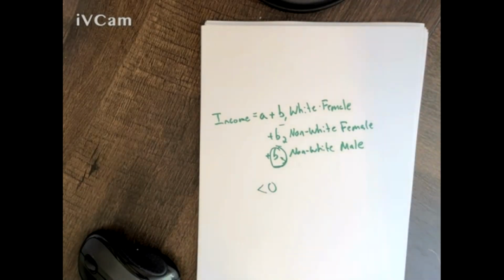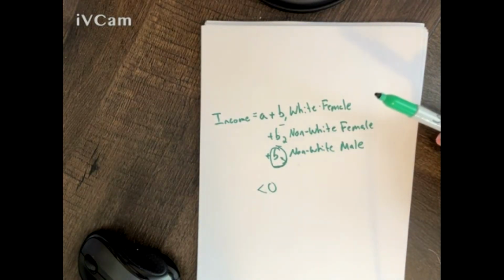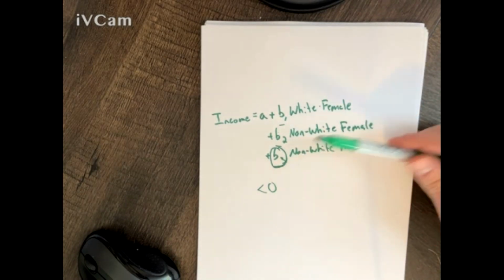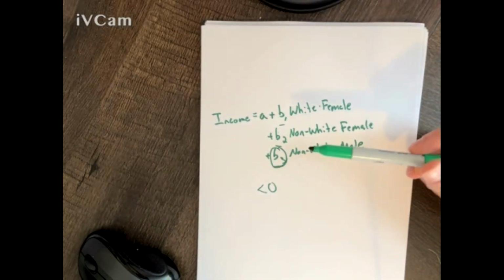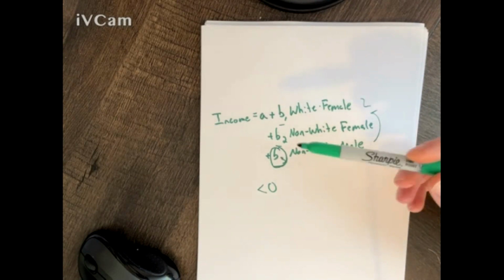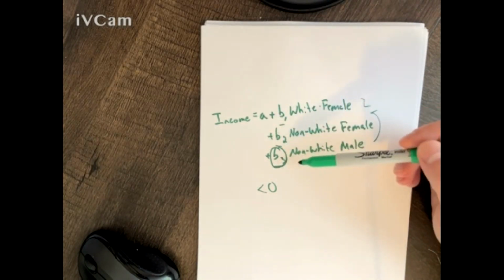And I'm guessing most data sets, if we don't account for other things, like the socioeconomic class of the individual or their education level. If we started controlling for a lot of these other things, we'd probably get very different estimates. They won't be as biased. But at least here, this would be a starting-off point: if there is any discrimination going on in terms of pay, we would be able to pick it up in a regression like this.